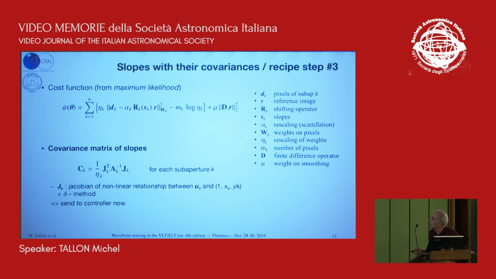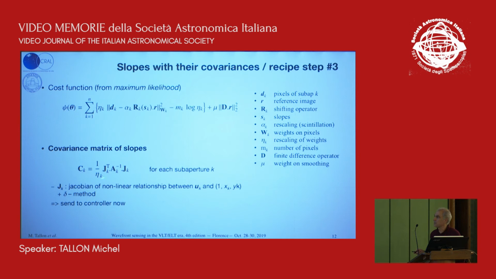Then step 3, we want the covariance matrix of the slopes. So as usual, it is just this matrix we have already computed. But since we have a change of variable between u and the x and y we are looking for, we have to use the Jacobian matrix for this change of variable.